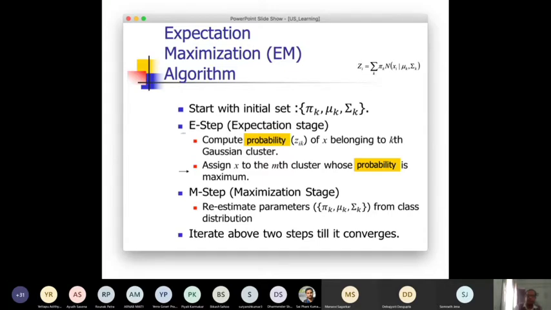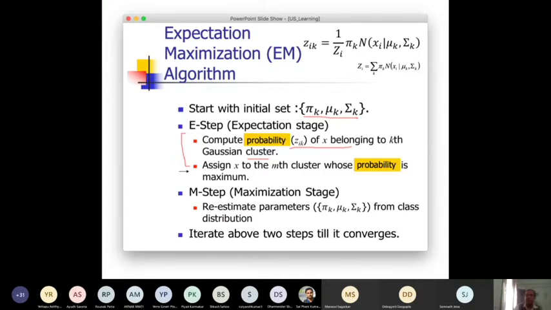You see that in this expectation step, we started with an initial set of parameters, and there we are computing the probability of x belonging to the kth Gaussian cluster. So this is Zik. I have not shown you how the Zik is computed.